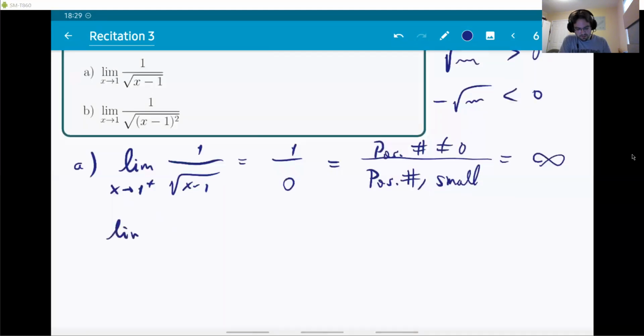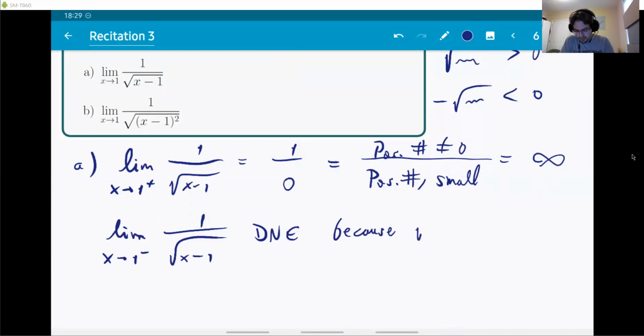Meanwhile, what's happening from the other side? The answer is nothing is happening. You can simply write DNE here. This does not exist, and the reason, can you see it? The function is undefined when x is less than 1, which is the case here.